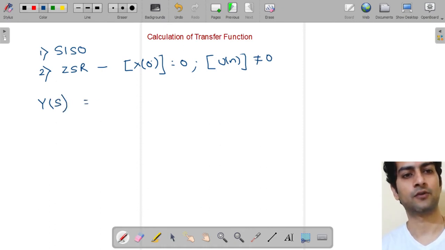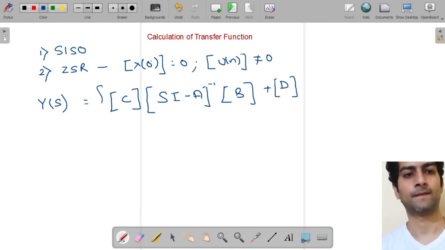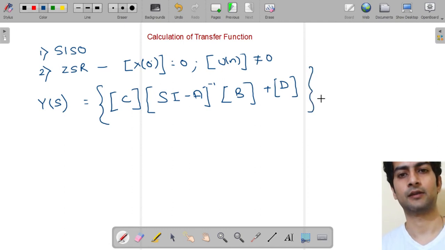What will be our Y(s)? Y(s) will be C matrix (sI minus A) inverse B plus D, times U(s).